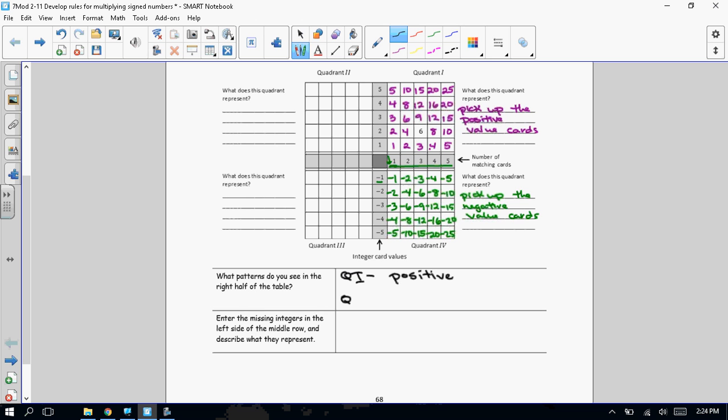And I notice in quadrant 4, IV stands for 4, all my cards are negative. However, I do know something they have in common. I had to pick up these cards, right? That means I'm adding cards to my pile in my hand, but yet in one my score was getting bigger, in the other my score was getting smaller.